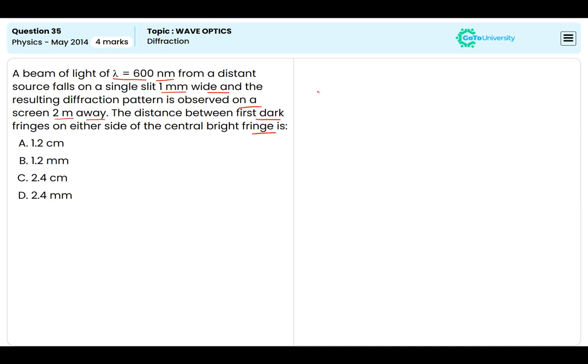Okay. So here we know that the linear width of the central maxima is given by Δy equal to 2 times lambda into D divided by a.